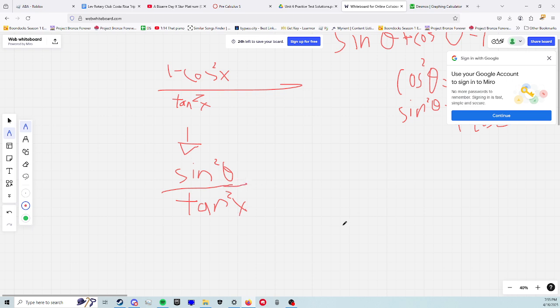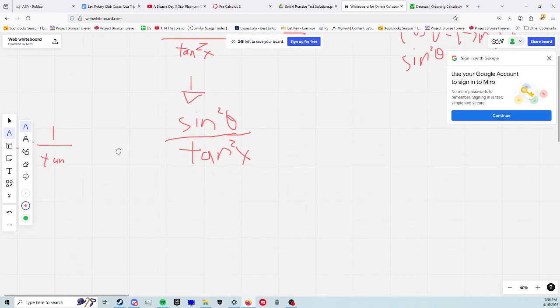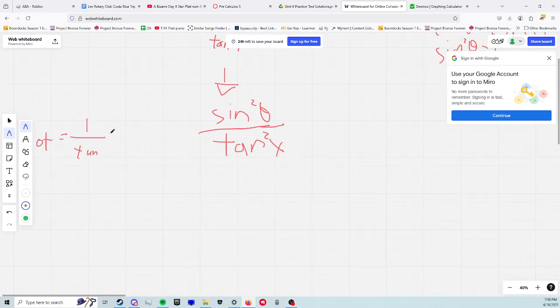Because tan is at the bottom, 1 over tan equals cotangent. Again, if you look in the reciprocal identities, it'll be there. The sheet literally has everything that you need to know. Cotangent is cosine at the top and sine at the bottom.